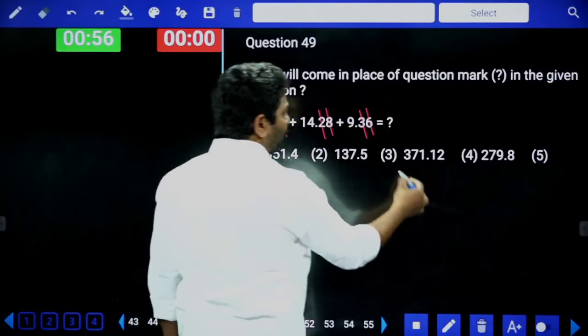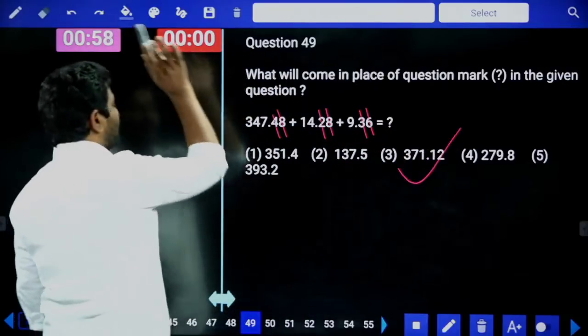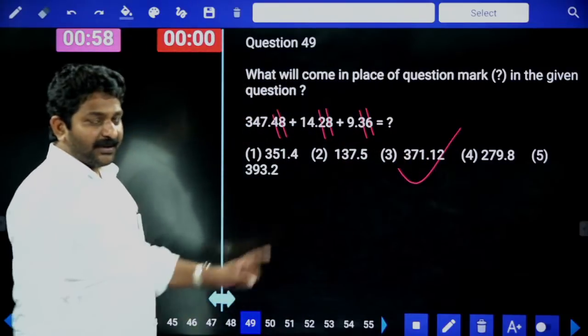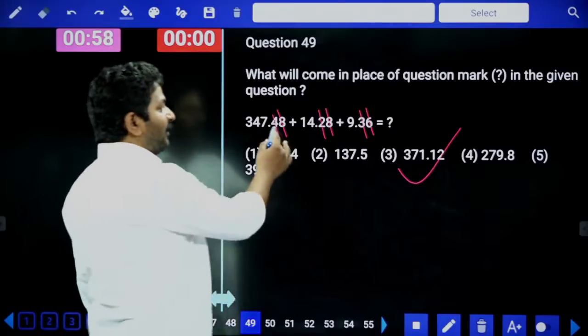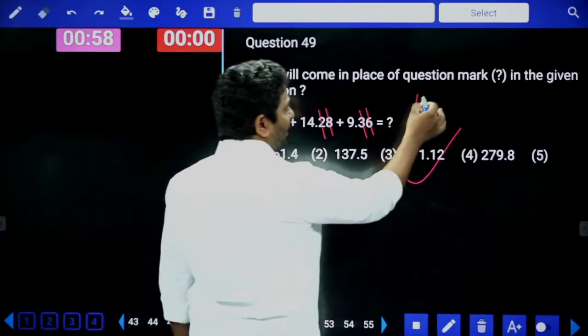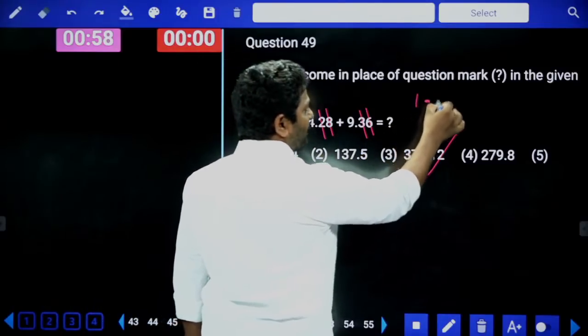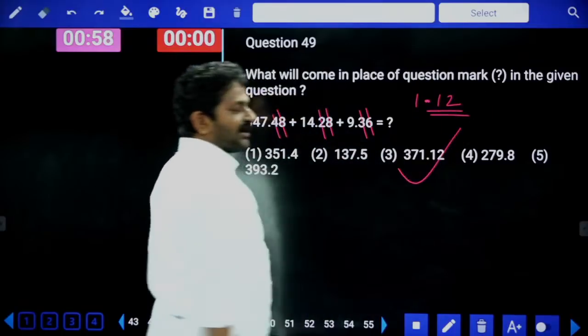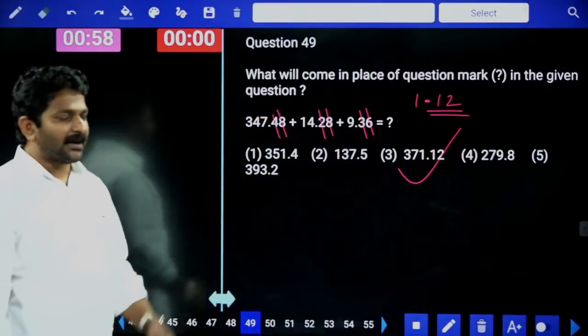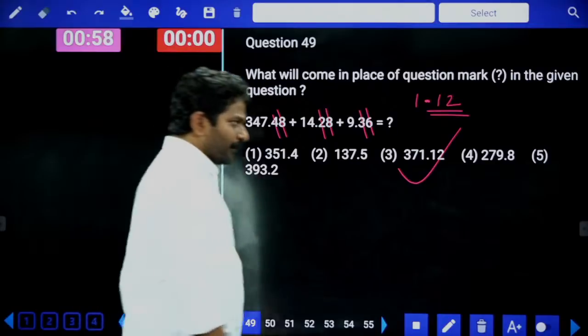That means 1.12. Answer must end with 0.12. There is only one option. Third option is our final answer. When you add number after decimal, you get 112. That is 1.12. As our concentration is number after decimal, answer must end with 0.12.